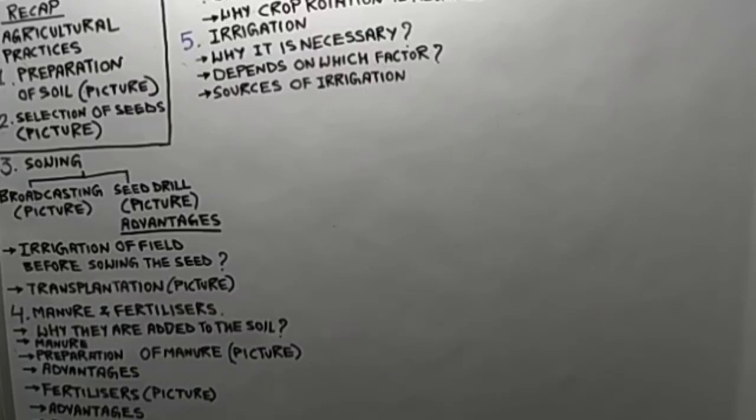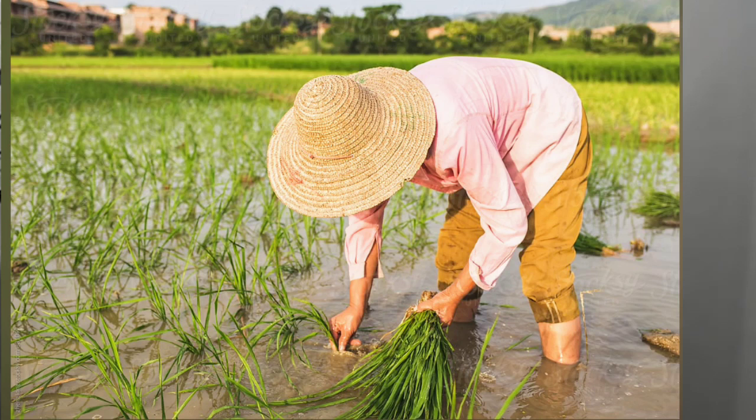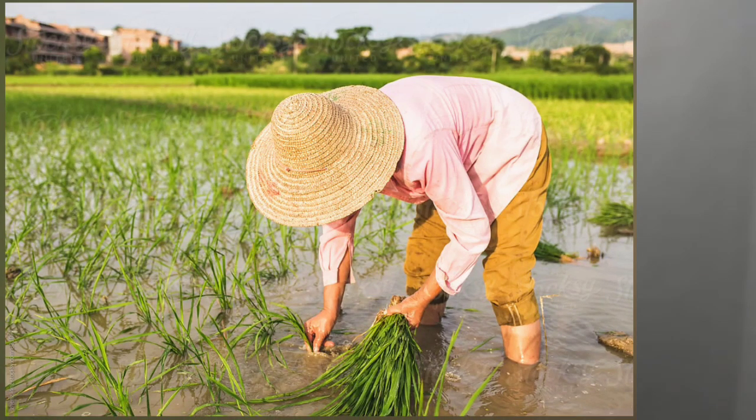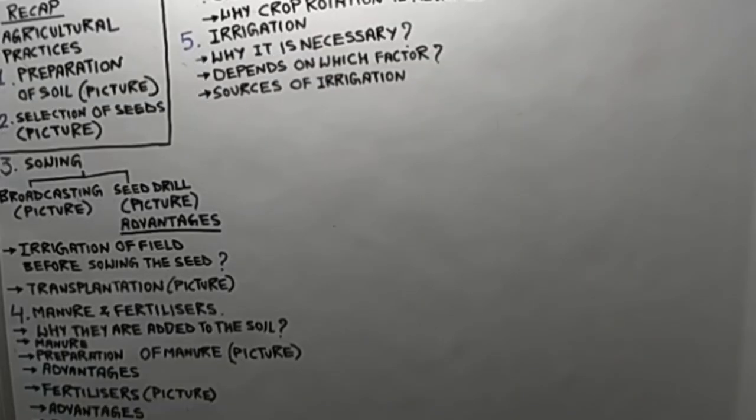As you can see in the picture, the farmer is carrying all the seedlings in his hand and sowing the seedlings into the main field. Now again the question arises, why is the transplantation done? Transplantation is done to have all the healthy crops, to have a good yield.